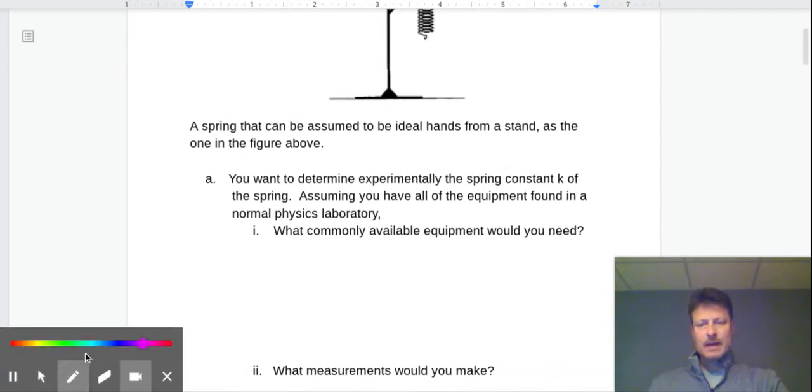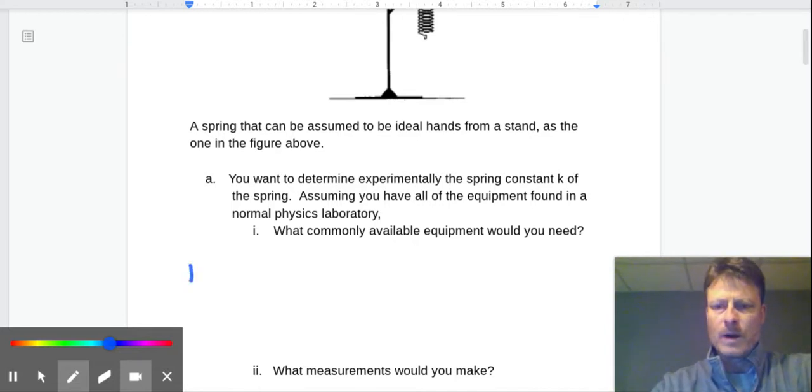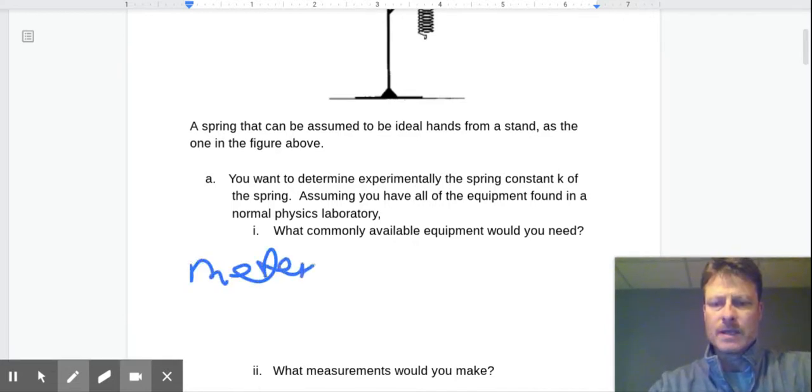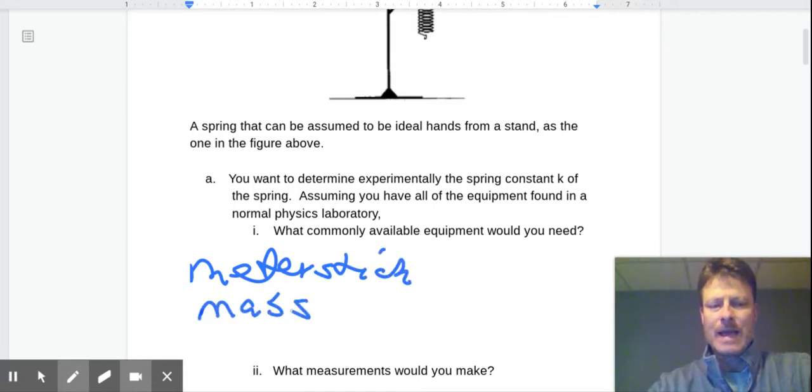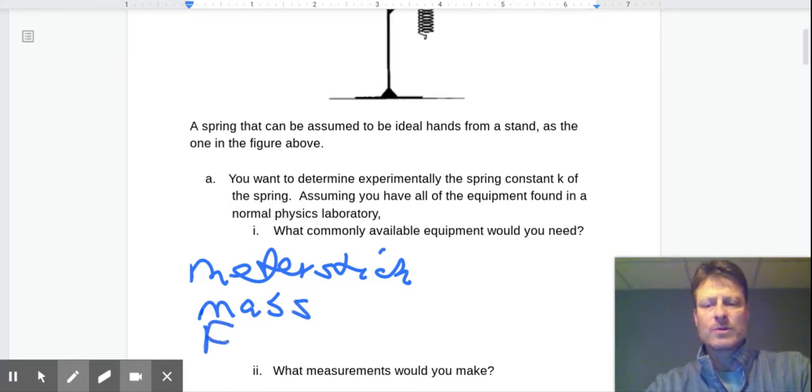I'm assuming there are different ways you could go about doing this. Probably a meter stick and a mass hanging from it, or a force sensor would be one way.